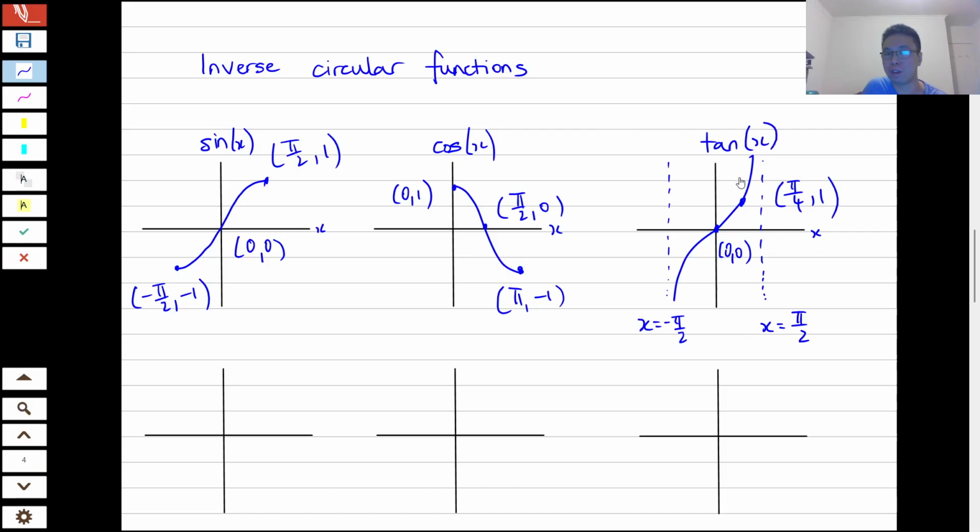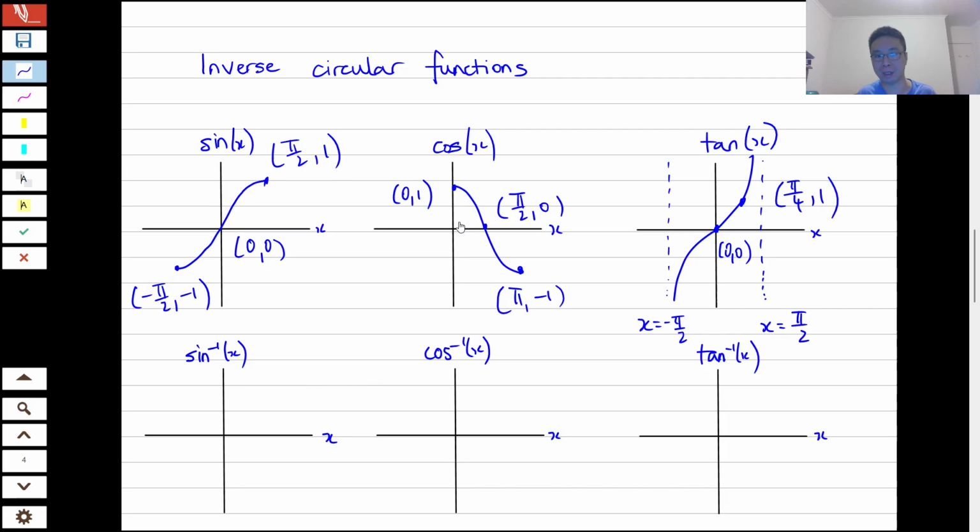Okay, so these are what I will call the sine, cosine, and tangent functions over the domains from which we define the inverses: inverse sine, inverse cosine, and inverse tan. You'll notice that the domains for sine and cosine are different, and that's simply a matter of choice.